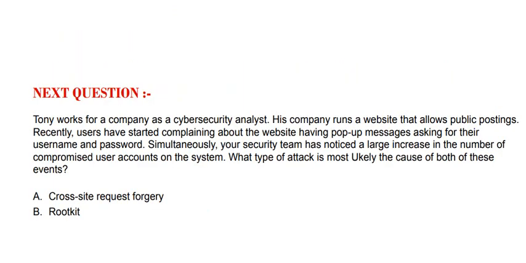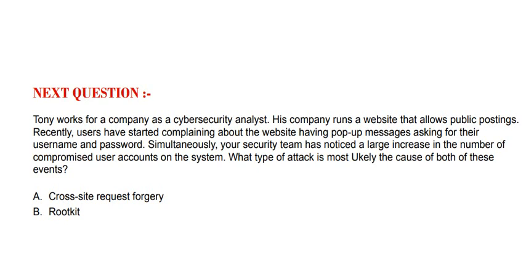Next question is, Tony works for a company as a cybersecurity analyst. His company runs a website that allows public postings. Recently, users have started complaining about the website having pop-up messages asking for their username and password.